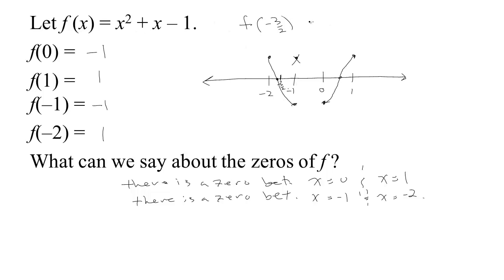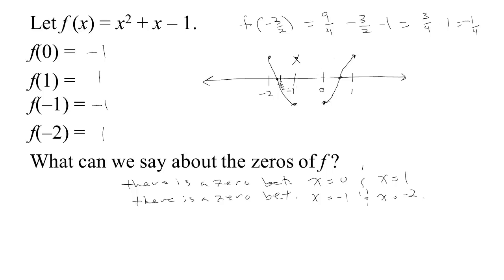That's going to be 9/4, and then plus x, so x is negative 3/2, so we have 9/4 minus 3/2, and then minus 1. With a little bit of simplification, this is 9/4 minus 6/4, which would be 3/4, and 3/4 minus 1 is negative 1/4.